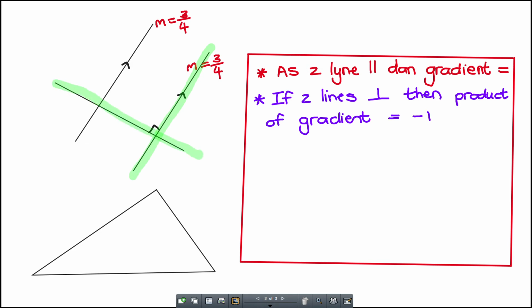Because they are perpendicular, if I take the gradient of each of those lines and multiply them, the product of them gives me -1. So, what is the gradient of this line? The gradient of this line would be -4/3.